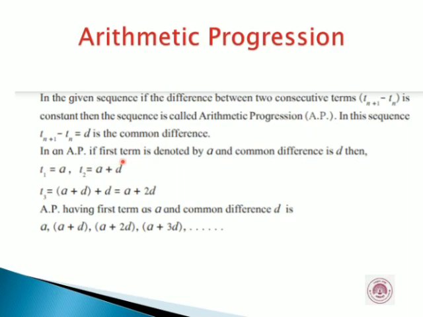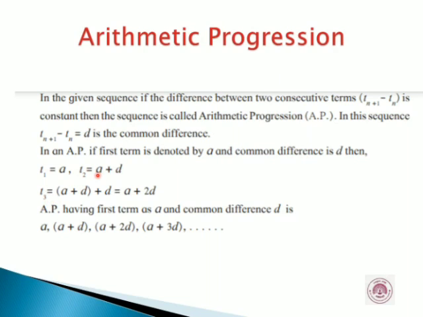In an AP, if the first term is denoted by A and the common difference is D, then T1 means A, that is the first term itself. T2 is equal to A plus D, that is, the second term is obtained by adding to the first term a number which is called the common difference.